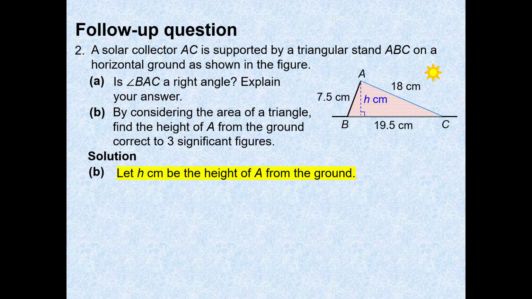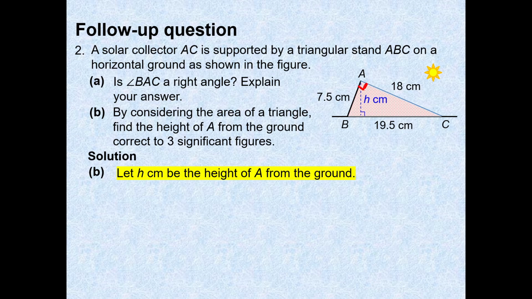So now part B. By considering the area of the triangle, find the height of A from the ground, correct to three significant figures. So we have to find out the height. So we let h be the height of A from the ground. In part A, we have known that this is a right angle.